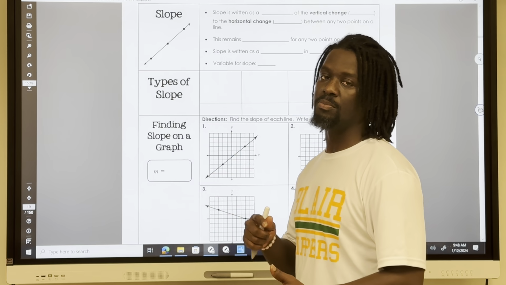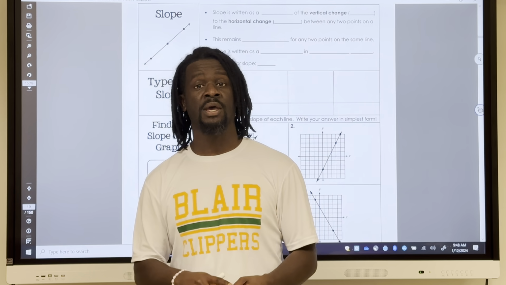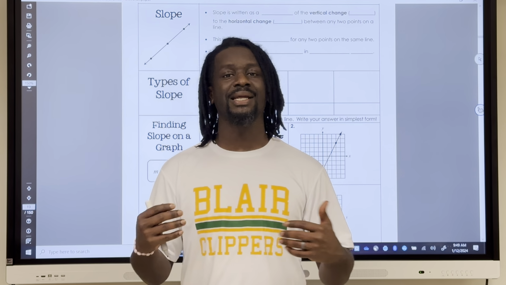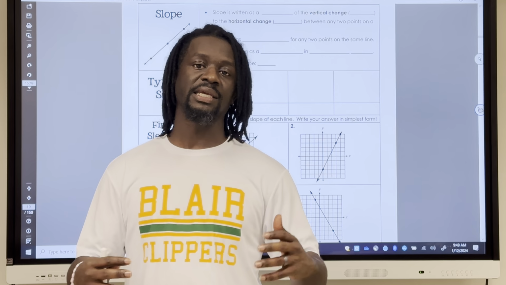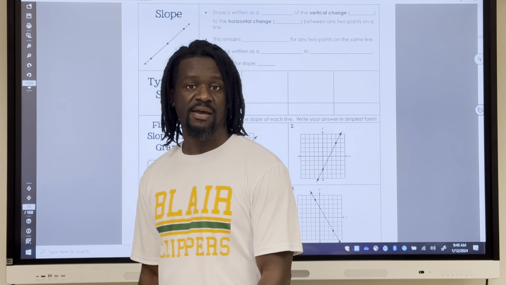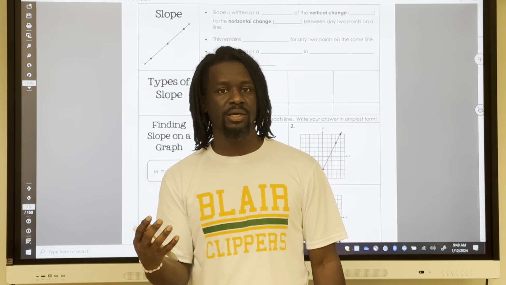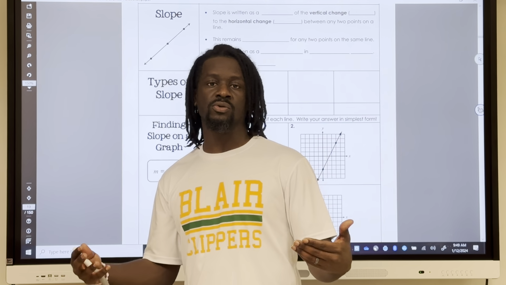By the end of it, you're going to be able to identify what a positive and a negative slope is, and also determine the slope for any given function on a graph. I'm going to start with some vocabulary, some terms that you're going to need to know.